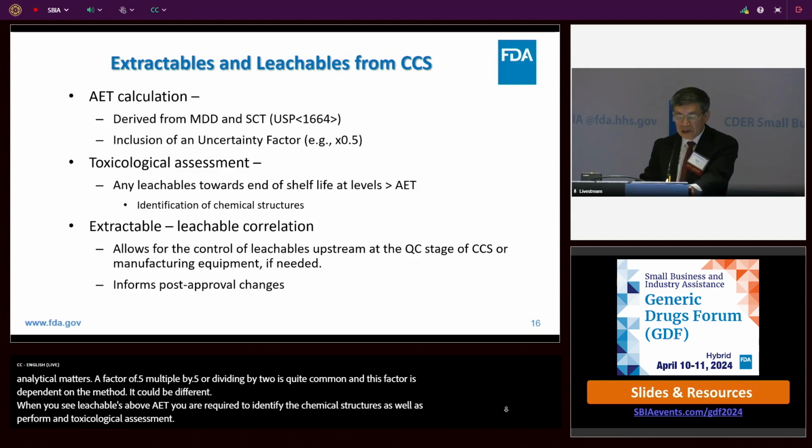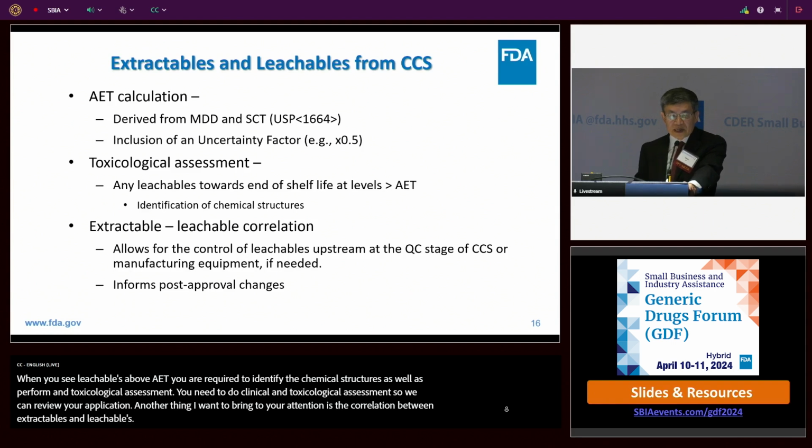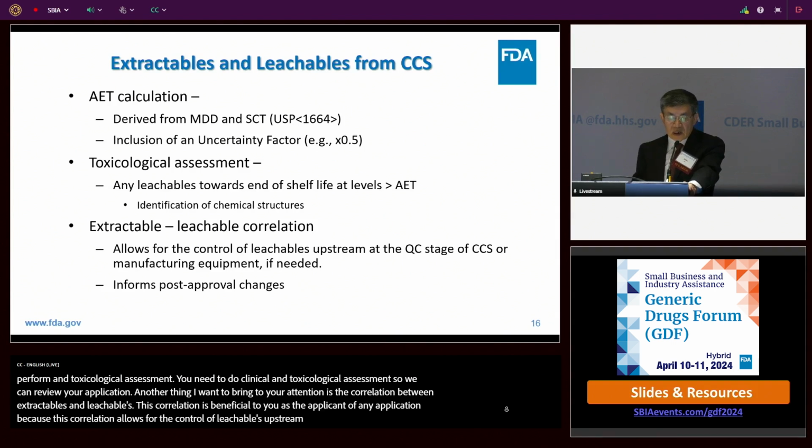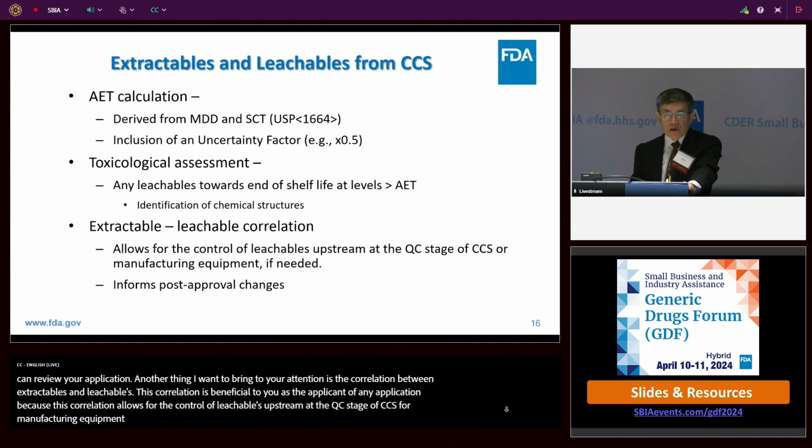Another thing I want to bring to your attention is the correlation between extractable and leachable. And this correlation is beneficial to you as the applicant of any application because this correlation allows for the control of leachables upstream at the QC stage of CCS or manufacturing equipment. For example, if you see the leachables are approaching the tox level towards the end of product shelf life, you know that risk is higher.